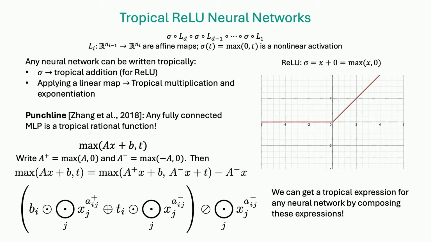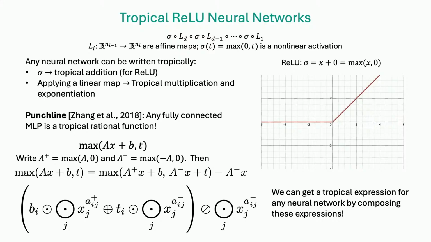Okay, so there's this very nice paper by Lekheng and collaborators from 2018, which basically says that you can get a tropical representation for all ReLU neural networks. What I mean is that you have a fully connected MLP, and you can write it in terms of a tropical rational function.